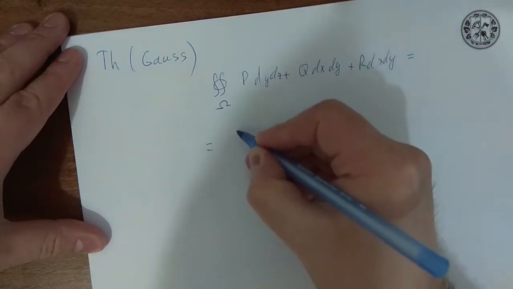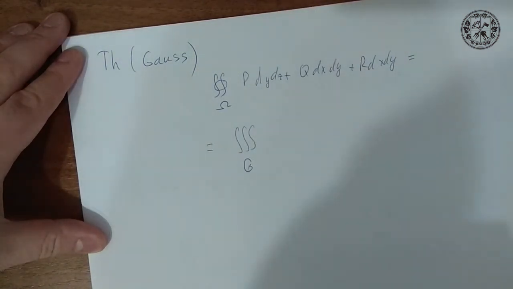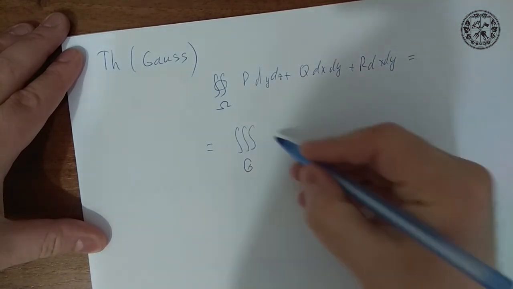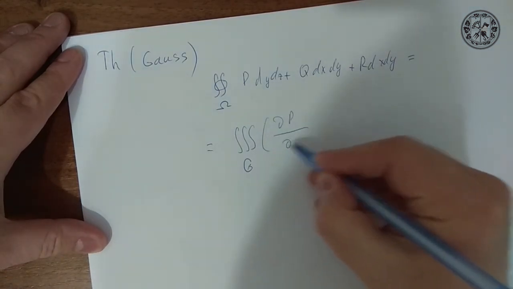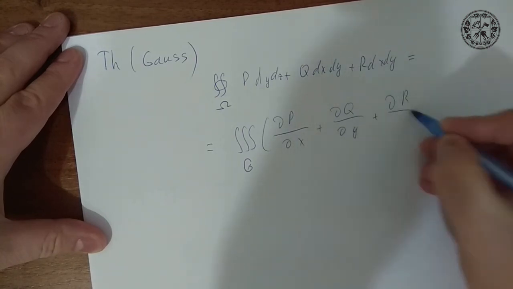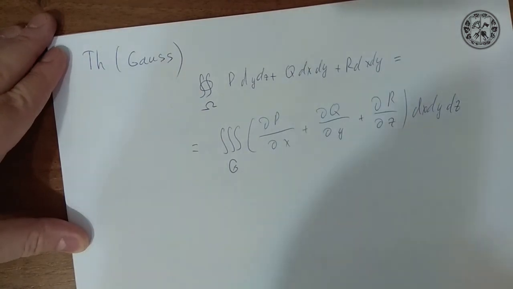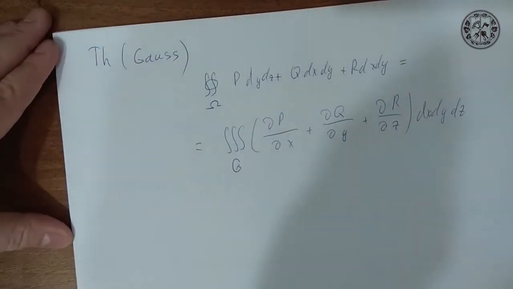This can be calculated as a triple integral over the body G that is bounded by this surface omega, dP by dx plus dQ by dy plus dR by dz dx dy dz, and this often comes in handy.